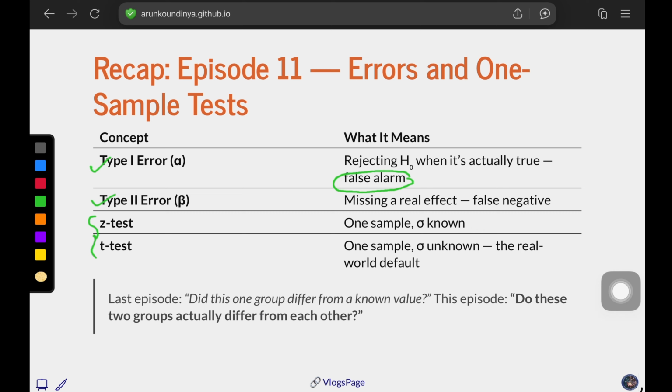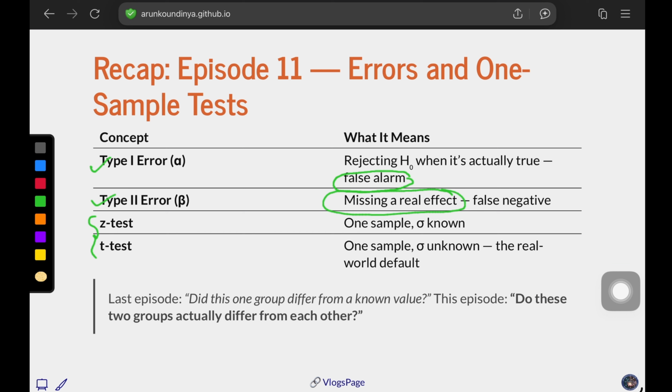It means you are claiming that an alternative hypothesis is true when it is actually not. A type 2 error is when you are not rejecting the null hypothesis when you have to reject it. So you are missing the real effect.